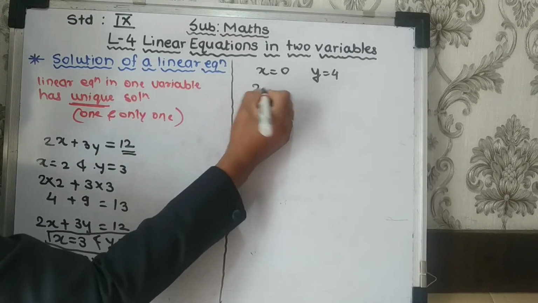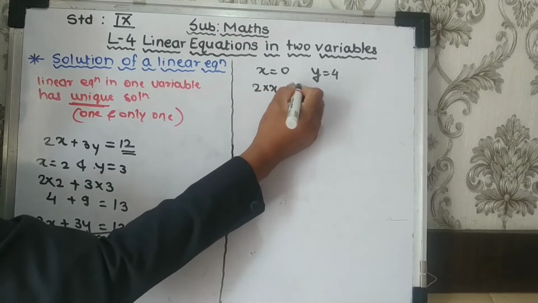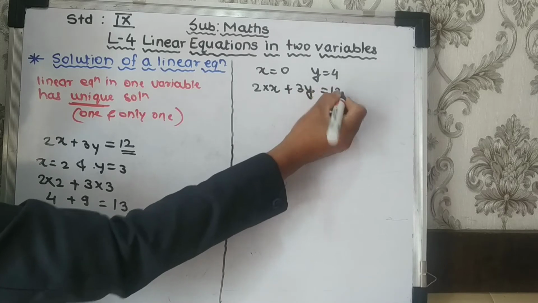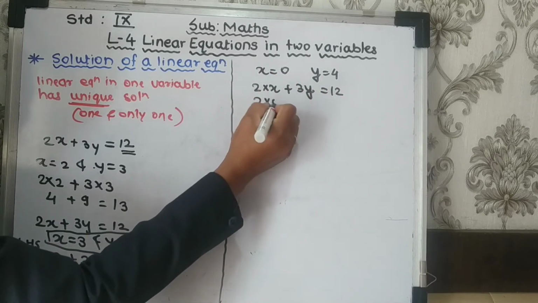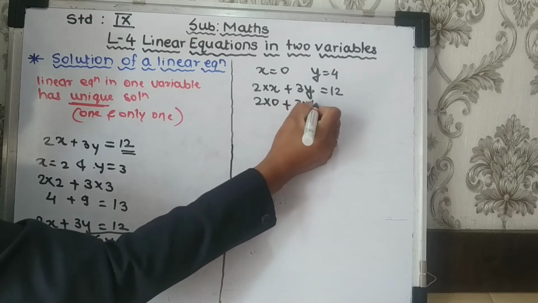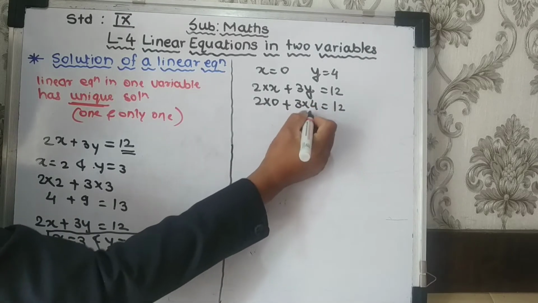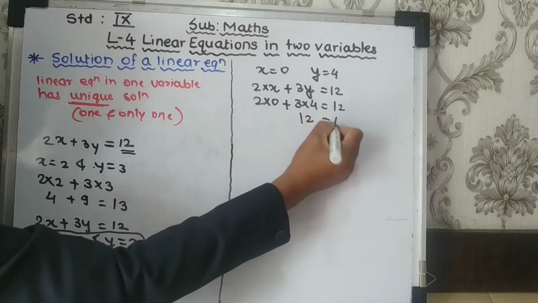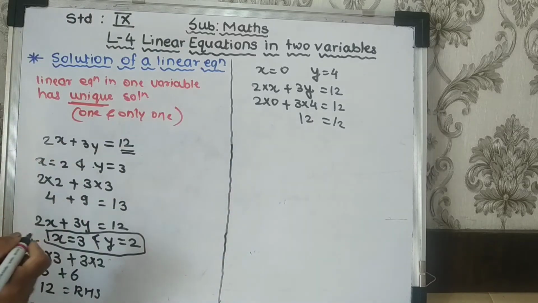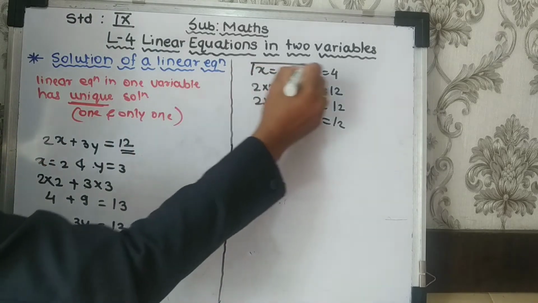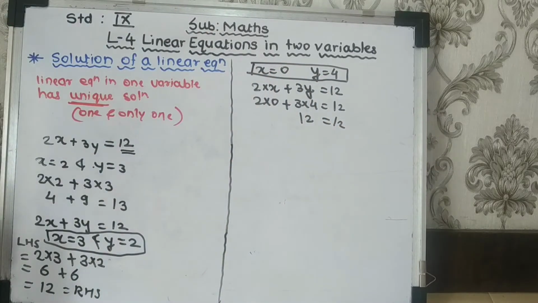So 2x plus 3y equals 12. I'll write here 2 into 0 plus 3 into 4 equals 12. 3 4s are 12 and 2 zeros are 0. So when x equals 0 and y equals 4, that time also we get a solution of the equation.